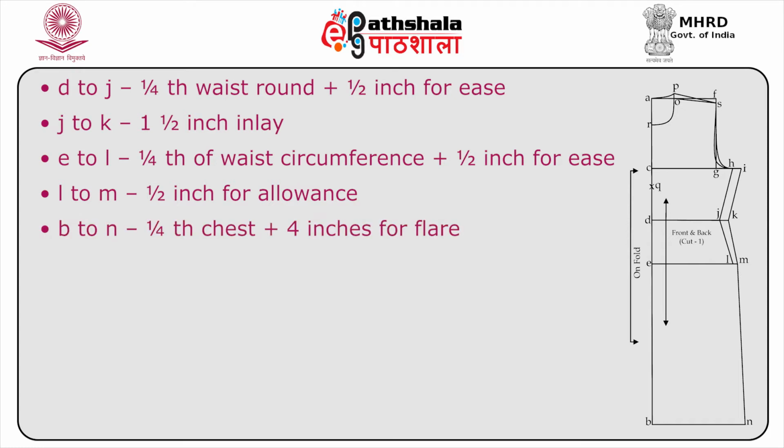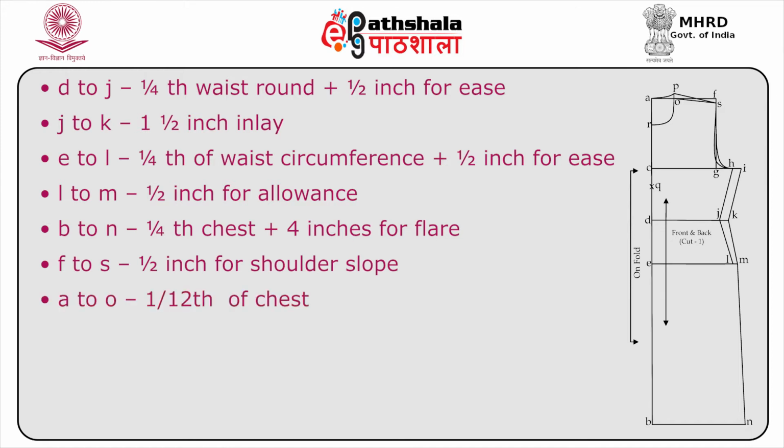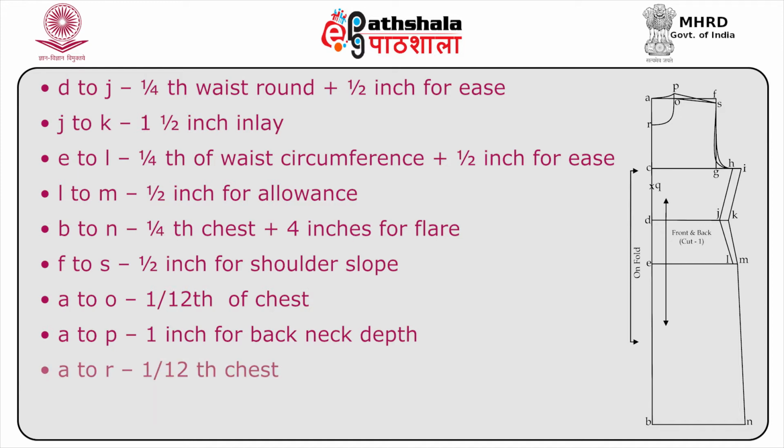B to N, 1/4 chest plus 4 inches for flare. F to S, half inch for shoulder slope. A to O, 1/12 of chest. A to P, 1 inch for back neck depth. A to R, 1/12 of chest.